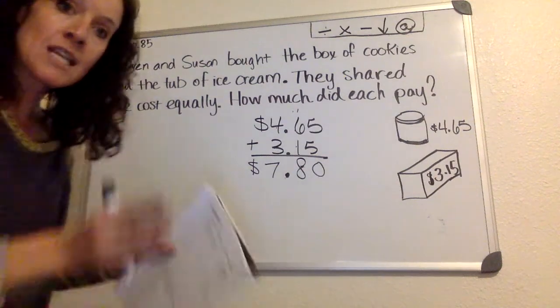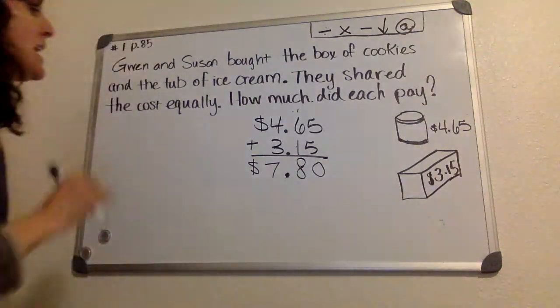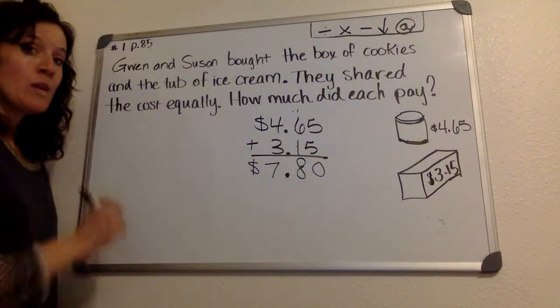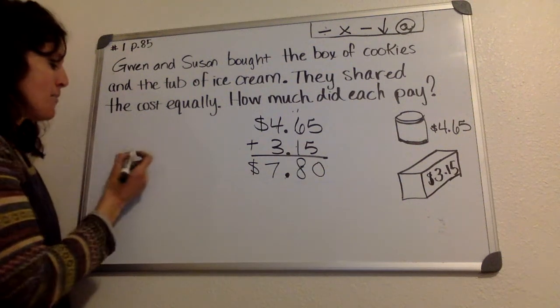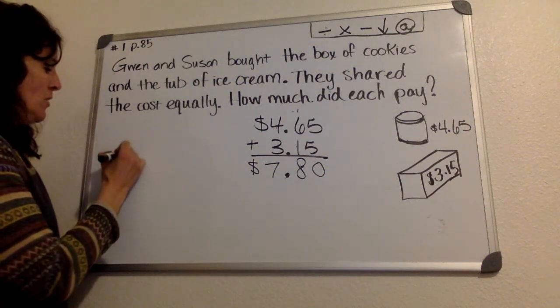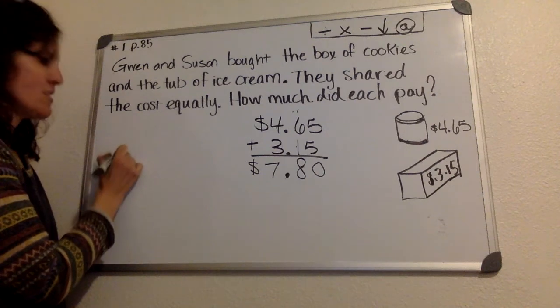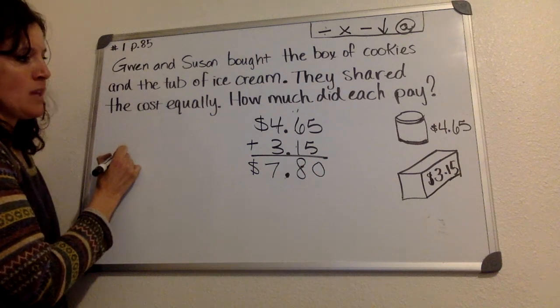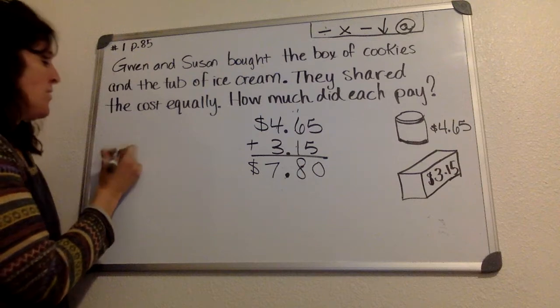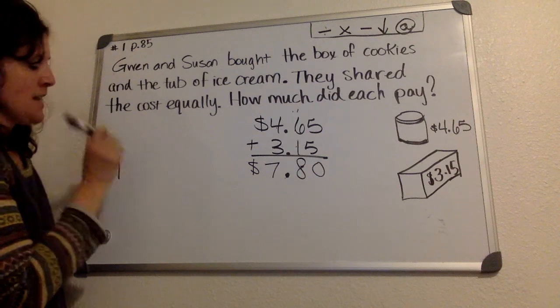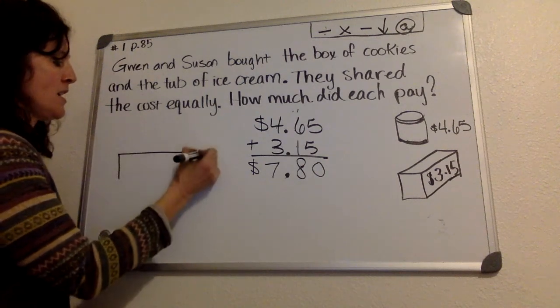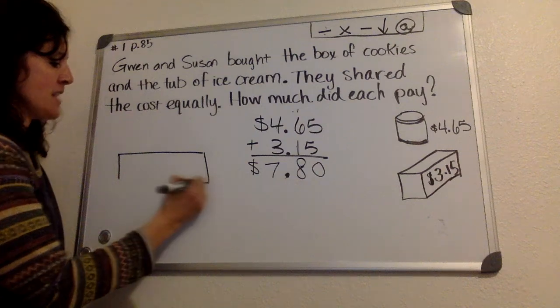Now, we want to make sure they each paid the same amount. We could draw a little tiny bar model over here, which shows there's honestly different ways that you could do this. Let's see.